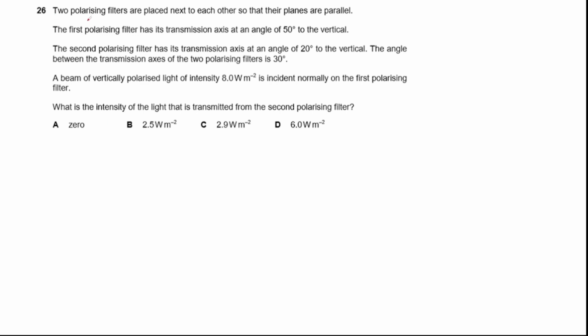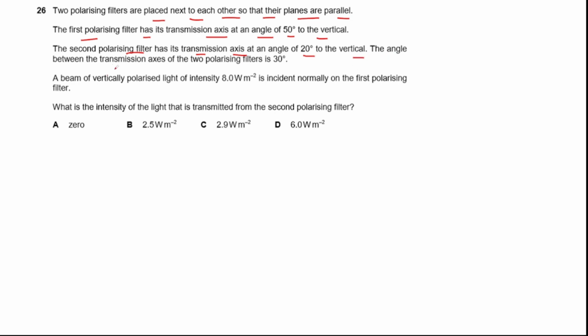Question number 26. Two polarizing filters are placed next to each other so that their planes are parallel. The first polarizing filter has its transmission axis at an angle of 50 degrees to the vertical. The second polarizing filter has its transmission axis at an angle of 20 degrees to the vertical.